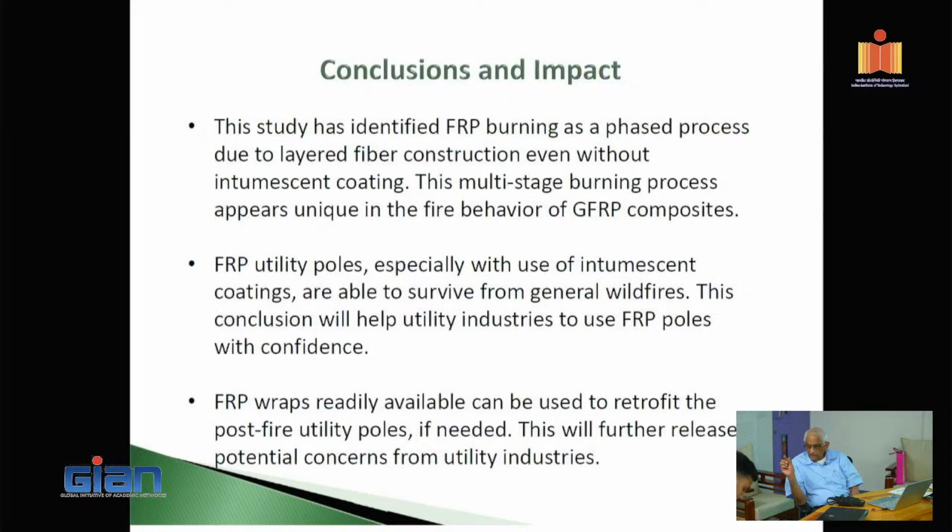Typically, the thickness for lower poles is about ½ inch. For larger diameters, it is about 3/4 inch. And it is also layered. Oh yeah, all are layered. And as the thickness increases, the number of layers increases.